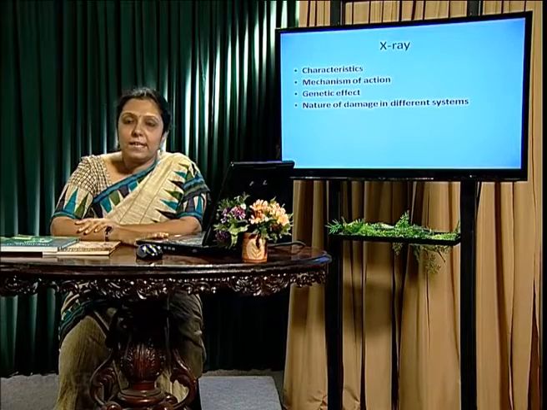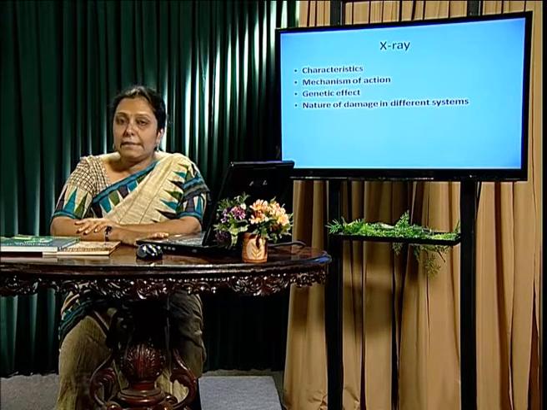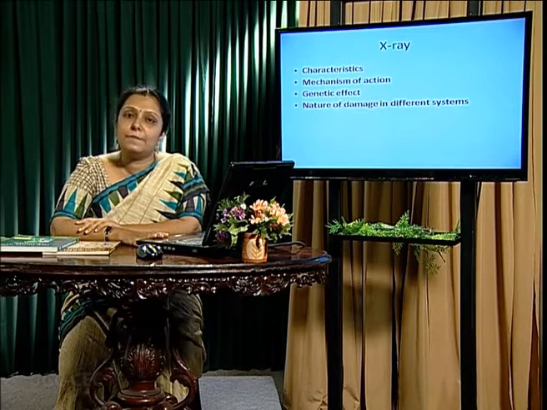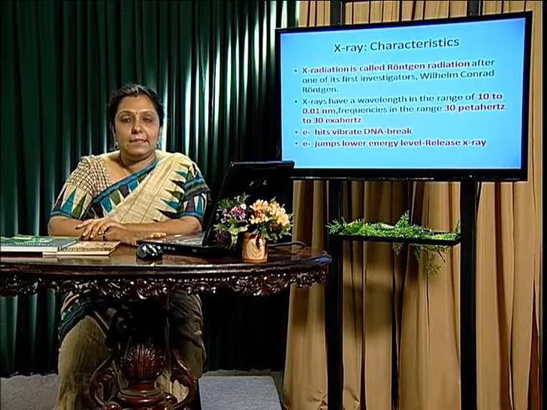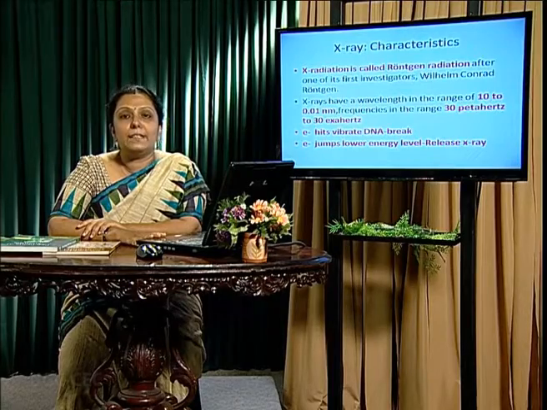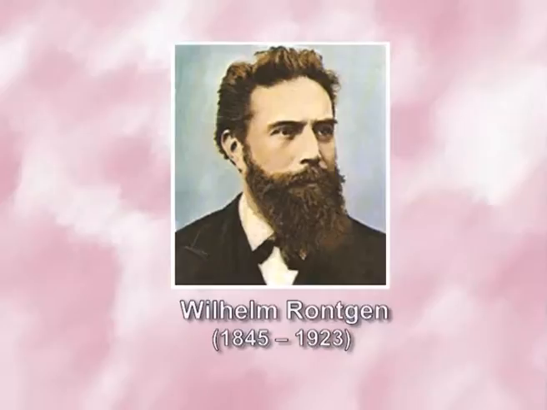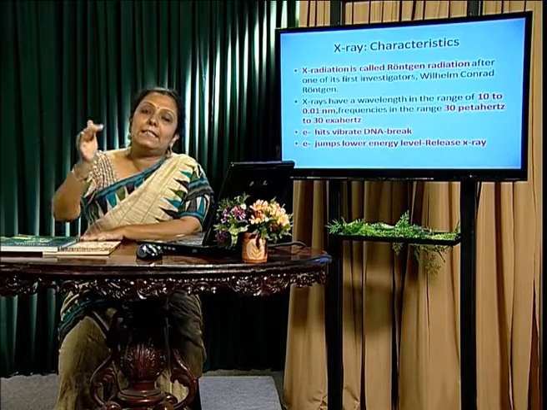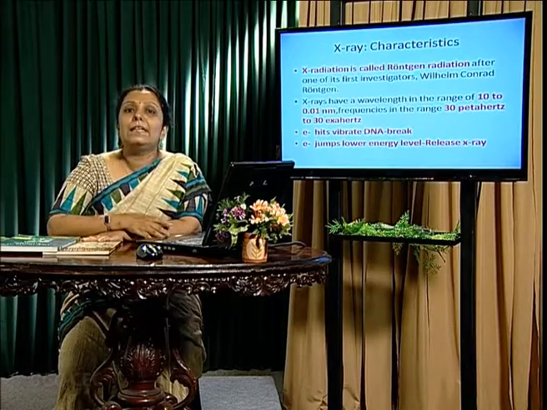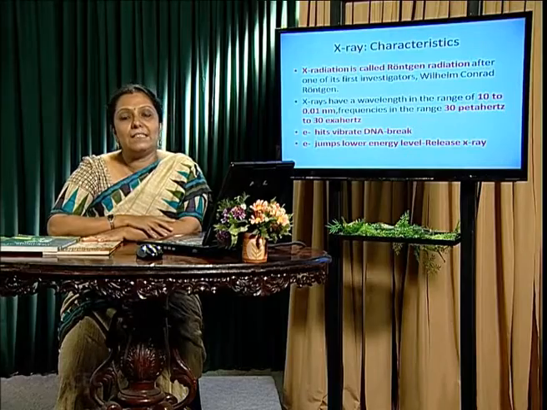In the case of X-ray, I will talk about the characteristics, mode of action, genetic effect and nature of effect in different systems. The first one, X-ray characteristics. According to the inventor scientist named Röntgen, it is termed Röntgen radiation. What happens? Suppose an electron violently hits the DNA, then it goes to a lower energy level, so it dissipates the energy as X-ray.